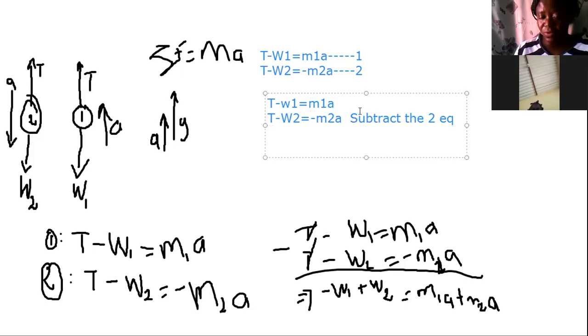The tension cancels out if we subtract those two equations. Okay, what is remaining? Remember, we are doing subtraction. The first equation had minus W, so what is minus weight 1 minus weight 2? You are left with minus weight 1, because the minus you still carry. Now you have a minus, because your weight 2 was also a minus there. What does a minus become?